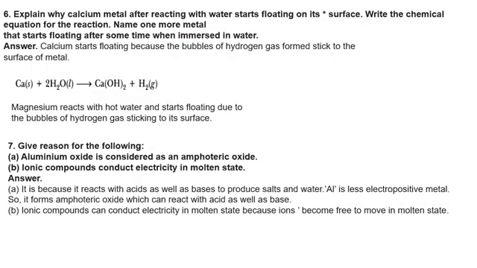Here: explain why calcium metal, after reacting with water, starts floating on its surface. Write the chemical equation for the reaction. Name one more metal that starts floating after some time when immersed in water. Calcium starts floating because the calcium sticks to the bubbles of hydrogen gas, and when the bubbles come to the surface, the calcium also starts floating.